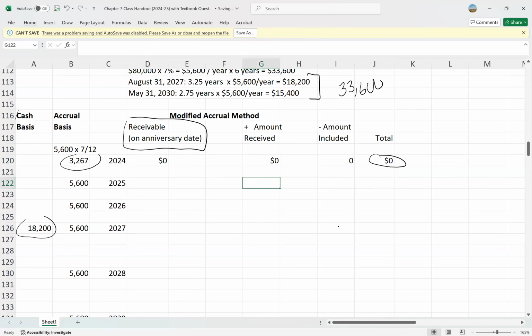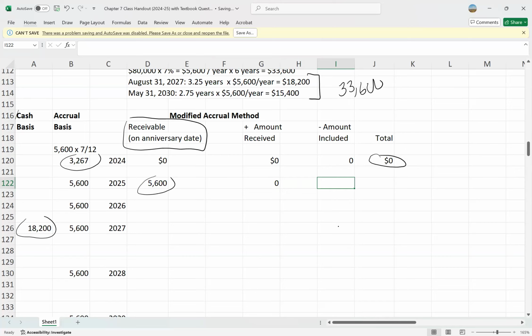Then we get to the next year. In 2025, is there an anniversary date? Yes, the first anniversary date, May 31st, 2025. How much is receivable from the last anniversary date? Well, this is the first year, so the total receivable would be 5,600 up to the first anniversary date. Did we receive anything this year? No. Was this 5,600 previously included?